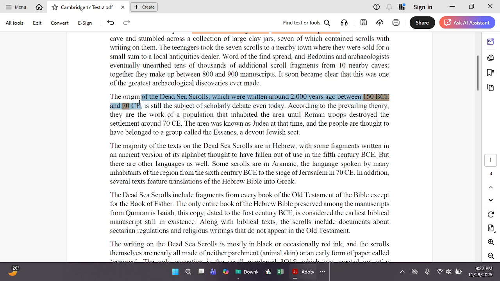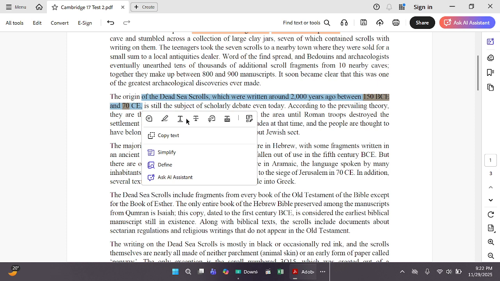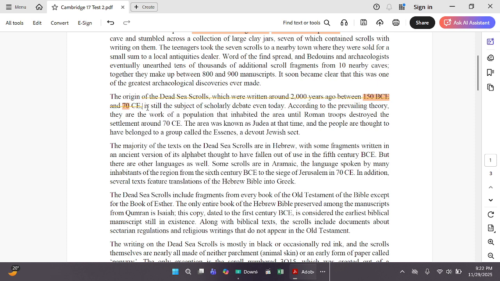You don't need to read it. Just take the origin of the Dead Sea Scrolls. This origin is still the subject of scholarly debate even today. Whenever you read in this way, it is much easier for you to get a clear overview.